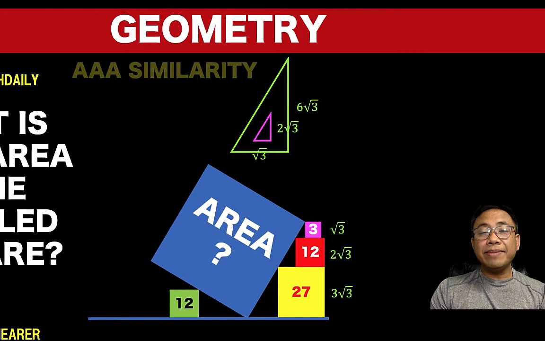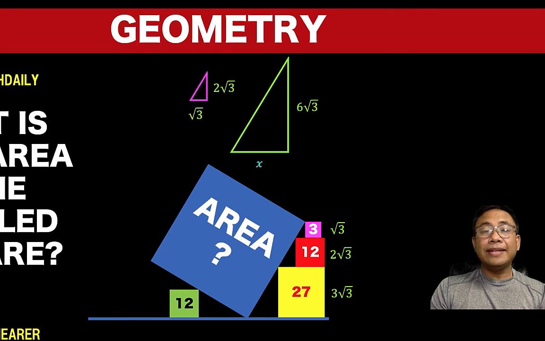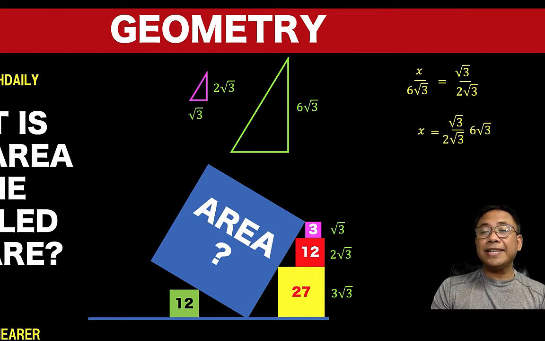And since they are similar triangles, then their corresponding parts are proportional, and we come up with this proportion. The base over the height of the bigger triangle is equal to the base over the height of the smaller triangle. And solving for x, multiply both sides by 6 square root of 3, and simplifying further, we arrive at the value of x to be equal to 3 square root of 3.